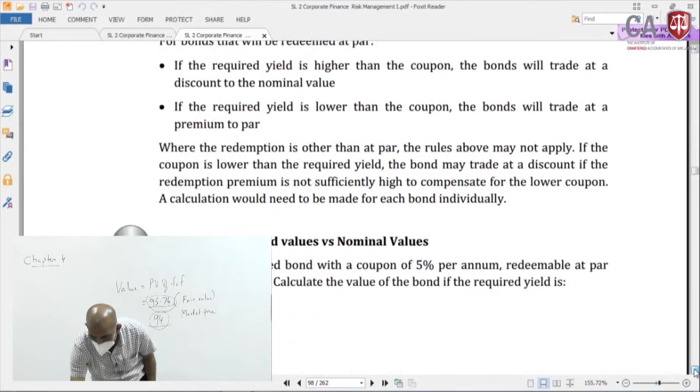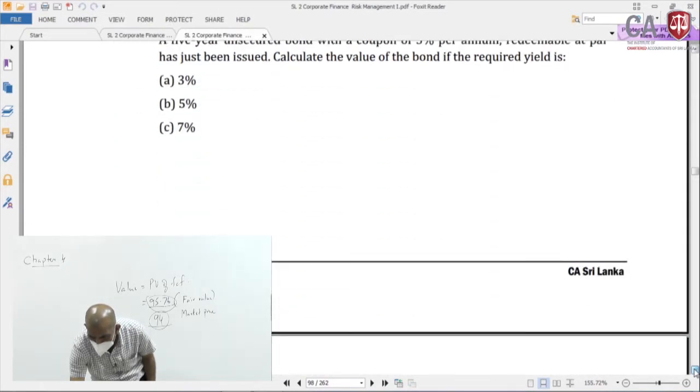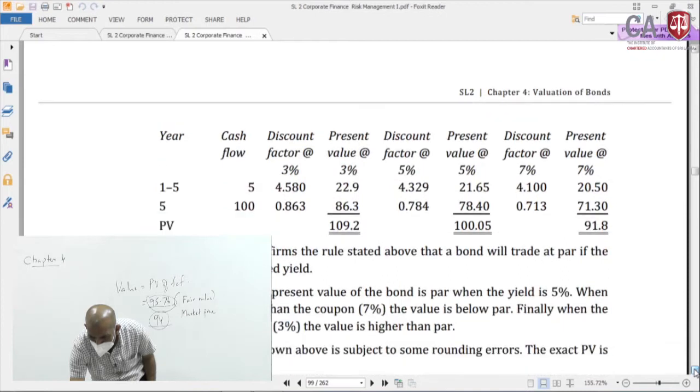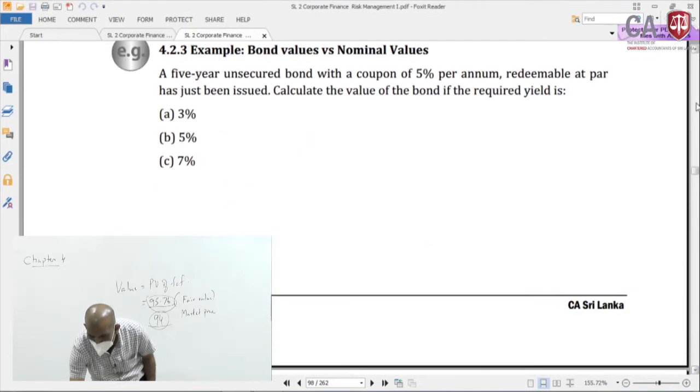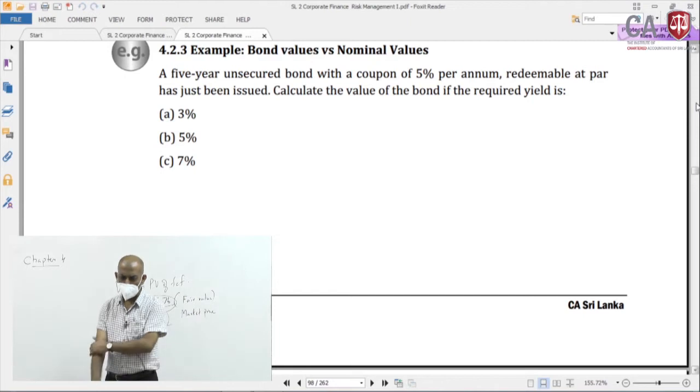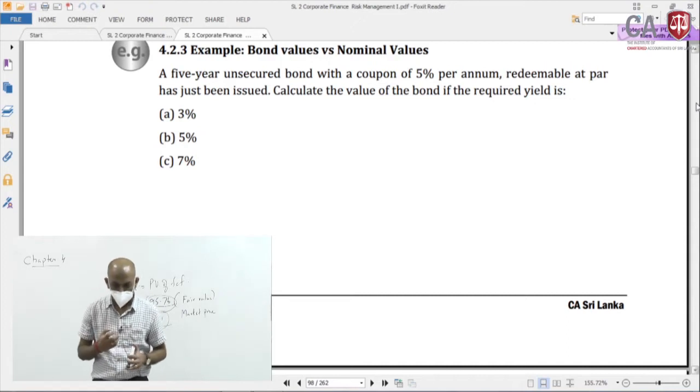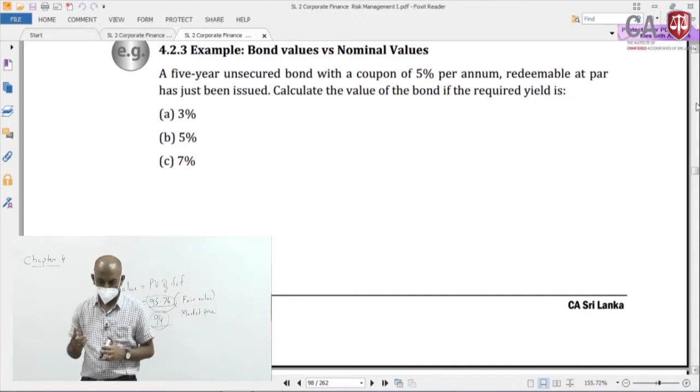There are other things you could read out. Now you can see an example here. 4.2.3, bond values and nominal values. A 5-year unsecured bond with a coupon of 5%, redeemable at par, has just been issued.